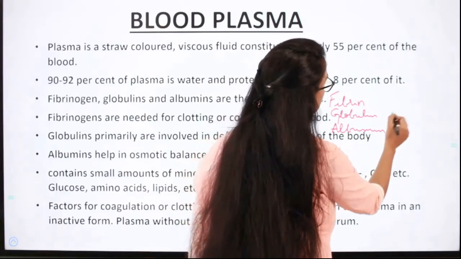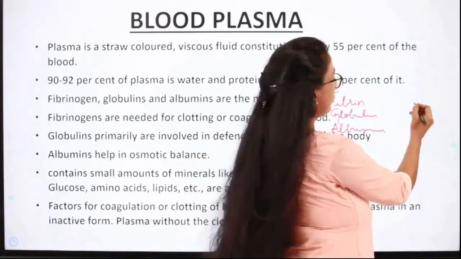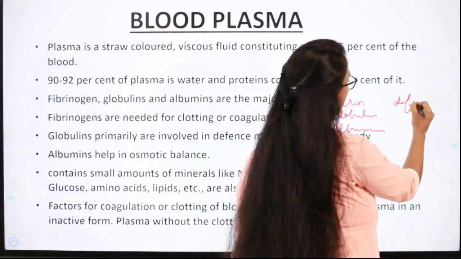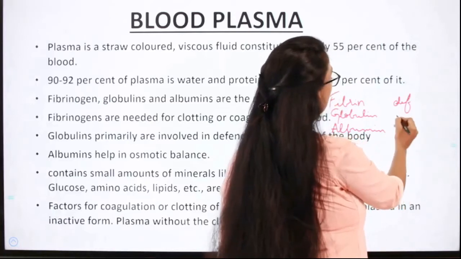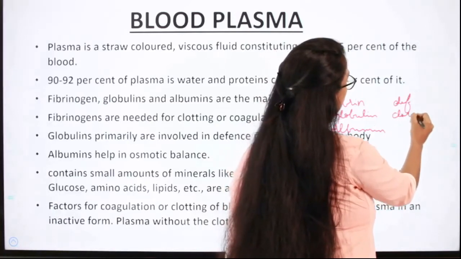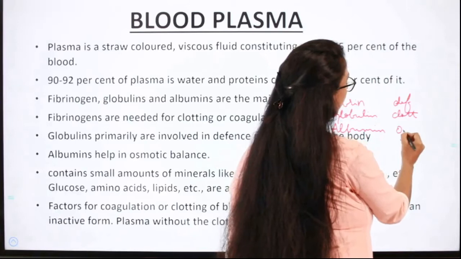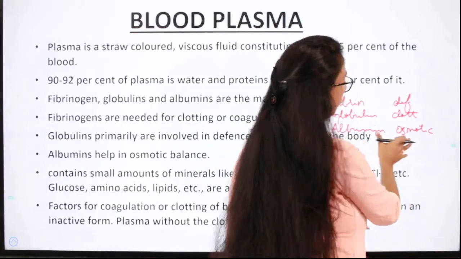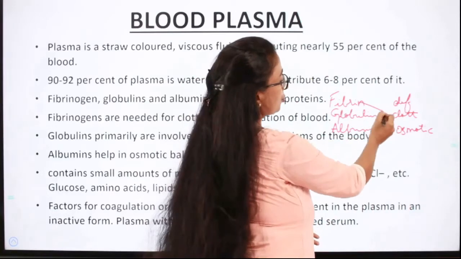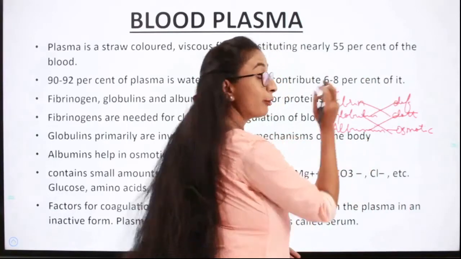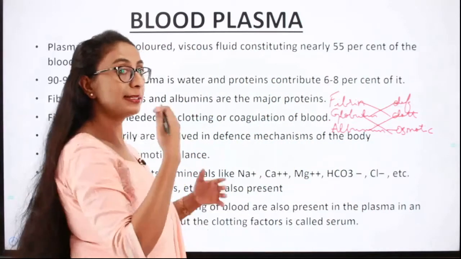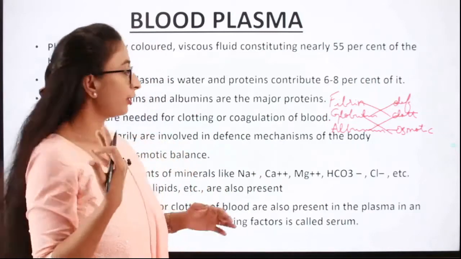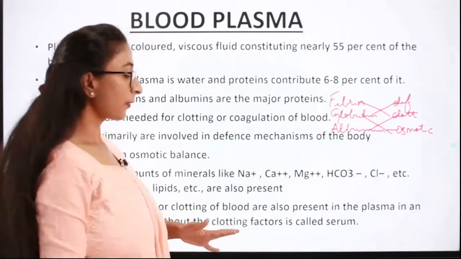And on the other side, you can have their functions. First one is defense function, second one is clotting of blood, and third one is osmotic balance. They will give you different options to choose from like this. So this kind of question can occur in your exam. Like this, you have to keep guessing what kind of questions can be made from this topic.